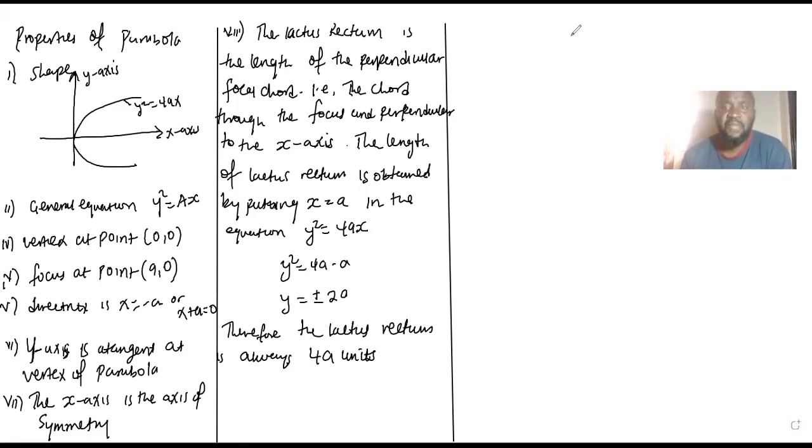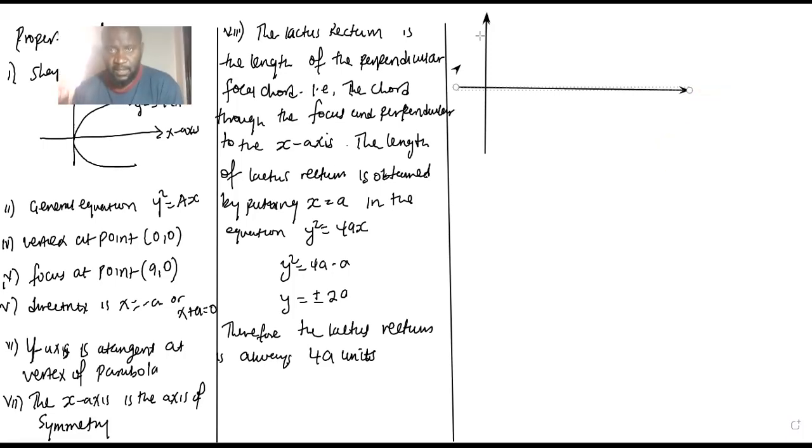So how does it look? Let me show you the shape of that. If I have this as my parabola, and I have this as my axis, then we expect the following.